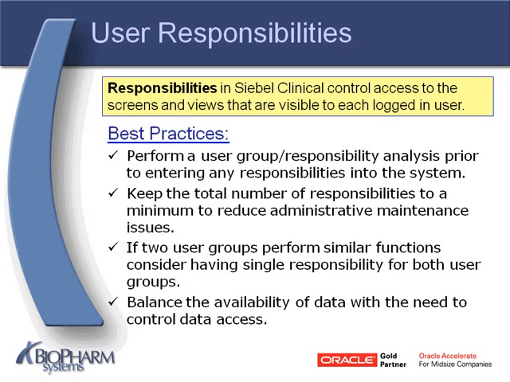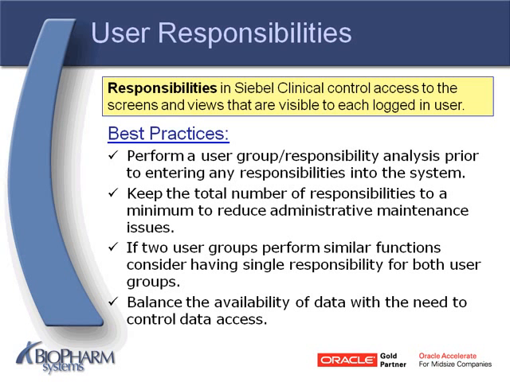For example, when analyzing roles and responsibilities, if two different types of team members will perform similar but not exactly the same functions in Siebel Clinical, determine whether or not these user types could be assigned to the same application responsibility instead of having to create two slightly different responsibilities.